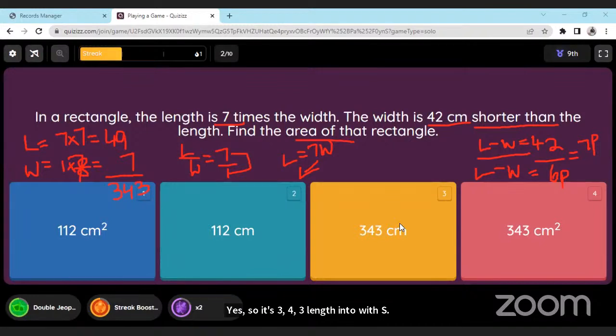Then I think it's the reverse. Peter is right. Krishalini, Treasure, Amadu, Beloved, all your answers might be wrong. Now Peter is right and the others' answers are wrong. Let's check it. Shall we mark it? 112 centimeters squared or 343 centimeters squared. Which is right?